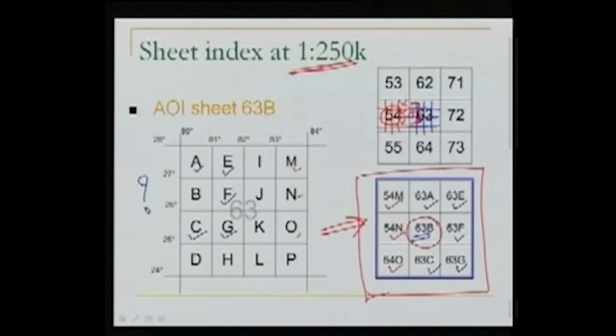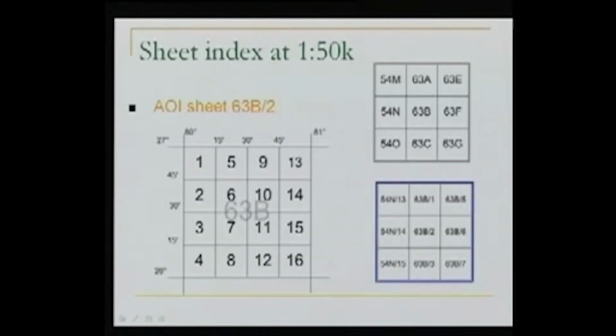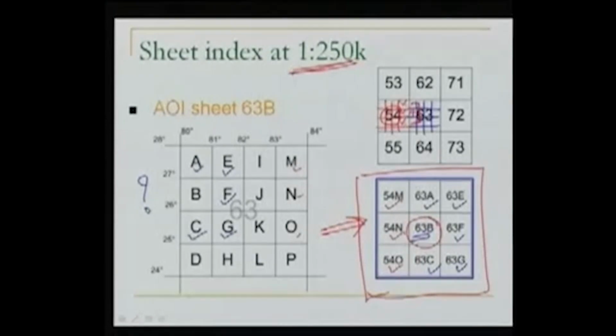Well, we go further, because we know that our area of interest at this scale is in this sheet 63B by 2, and we are looking to make a sheet index for this sheet 63B by 2. So 63B, as we can see, let me clean this.